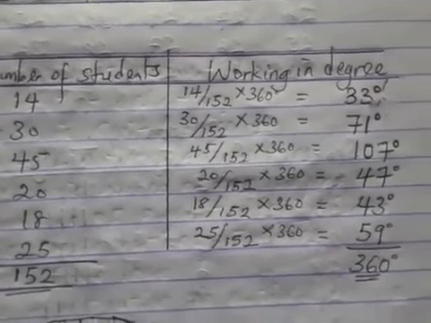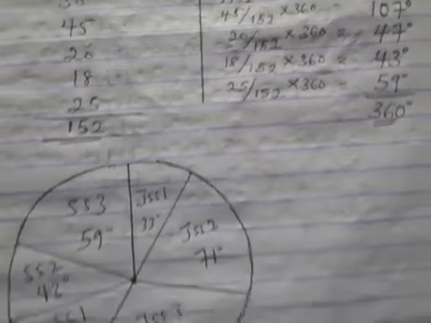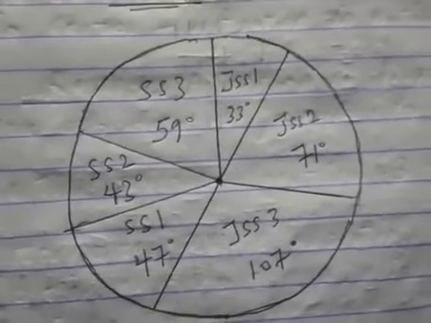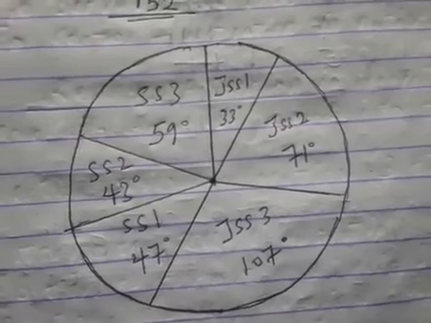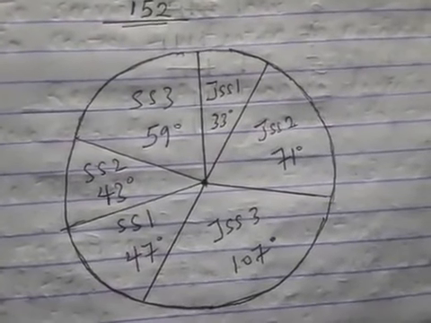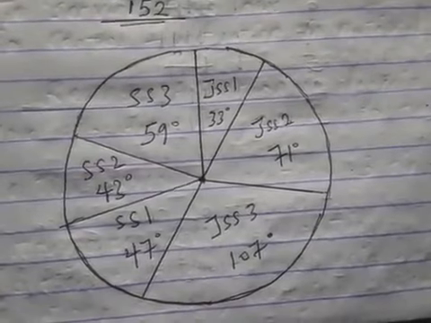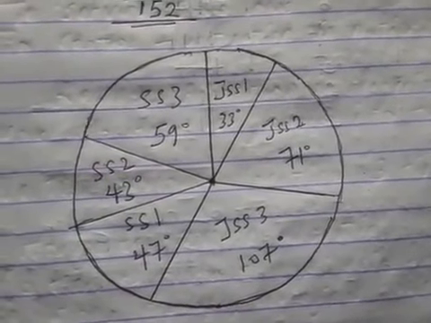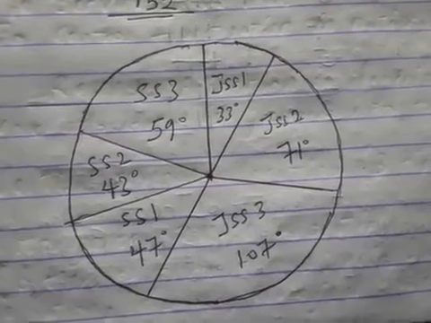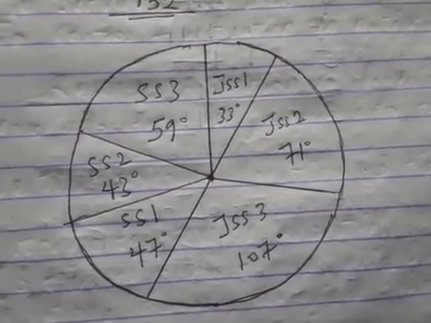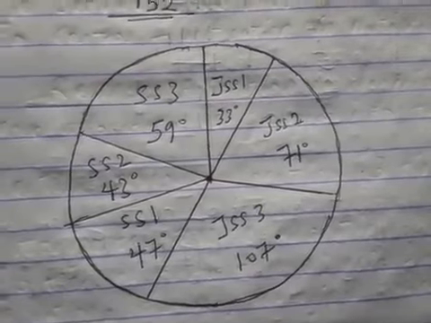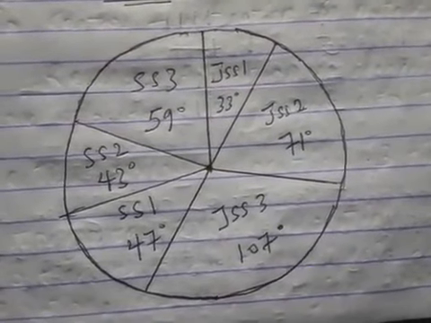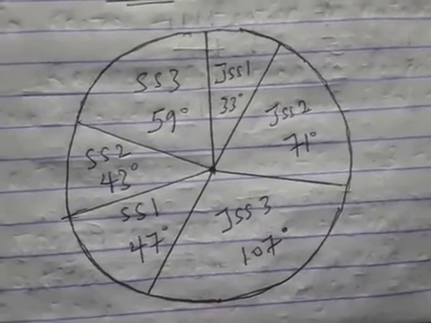Then that leads us to the last part of the pie chart, which is the diagram. You draw a circle. After drawing a circle, please draw the circle very well. After drawing the circle, you now apportion each degree according to their sector. Remember that the sum of angles in a circle is 360 degrees. I've taught you earlier.